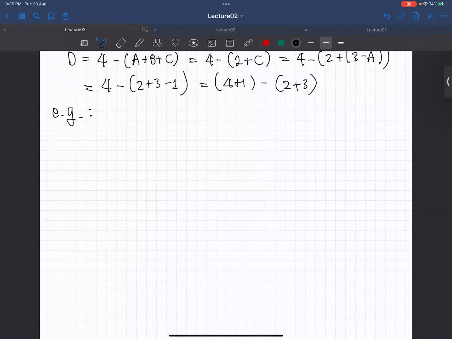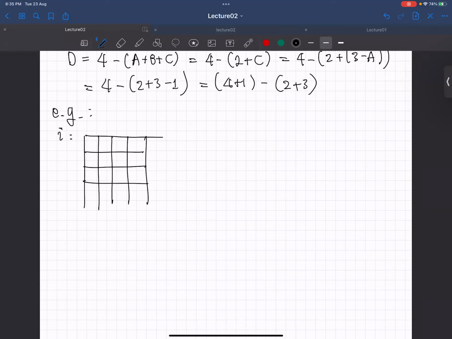So you have input image I, and it happens that you have a 4 by 4 image. The values here are 5 2 5 2, 5 3 5 3, 6 3 6 2, 5 2 6 3 6.